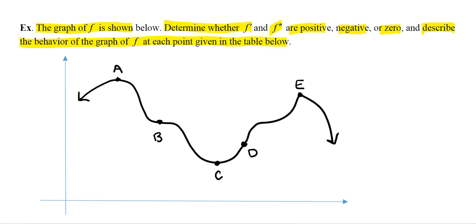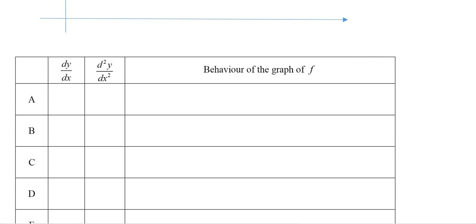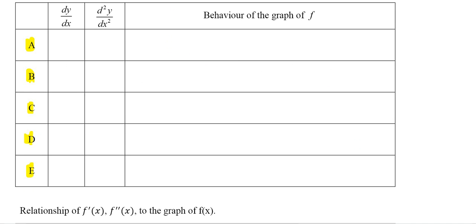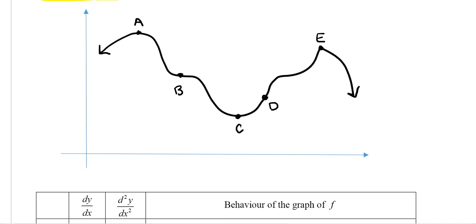Okay, so if I look at the full set of notes here, notice that I have these values of A, B, C, and D, which correspond to my graph. And this part right here is asking me, what's happening to my first derivative and what's happening to my second derivative at those points. Okay, so let's take a look at point A here.